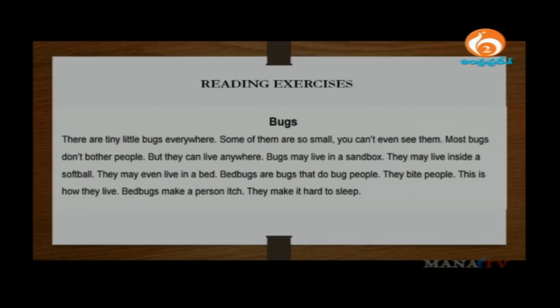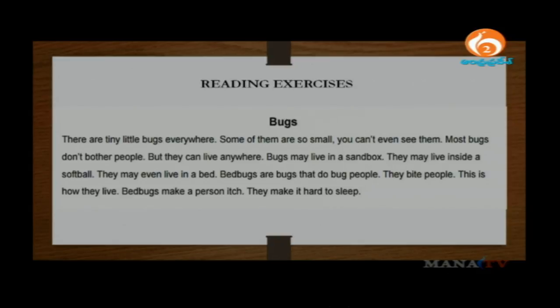There is a small reading exercise for us. Let us read it and finish our class today. Bugs. These are tiny little bugs everywhere. Some of them are so small you can't even see them. Most bugs don't bother people, but they can live anywhere.